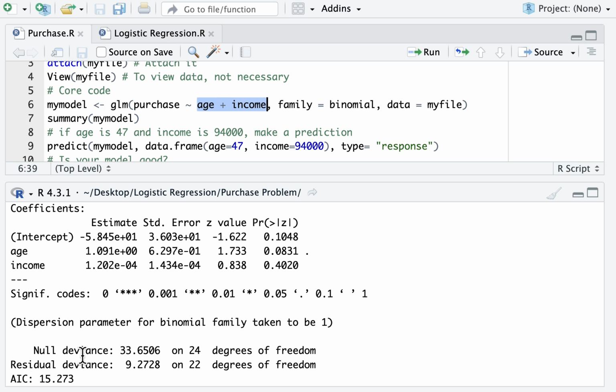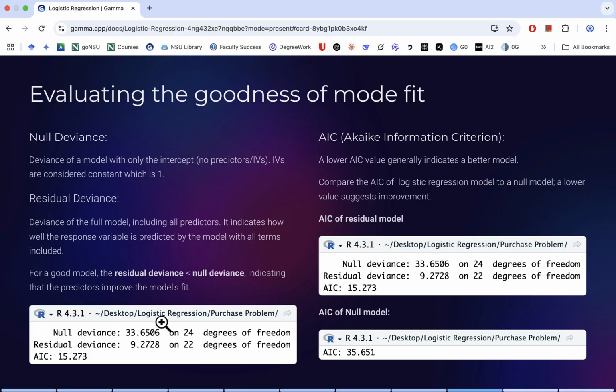And over here we can see null deviance is 33.6506 and residual deviance is 9.2728. We want lower deviance. The rule is that the deviance of a residual or fitted model should be less than the deviance of the null model. So for example, in this case, residual deviance is 9.2728, which is less than the deviance of the null model, which is 33.65.